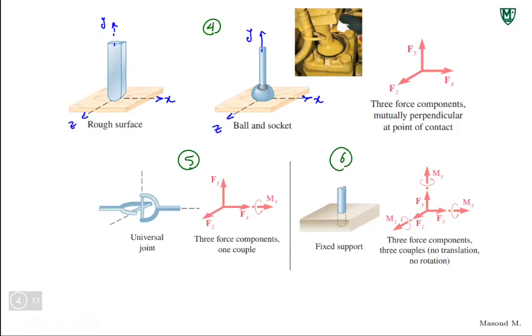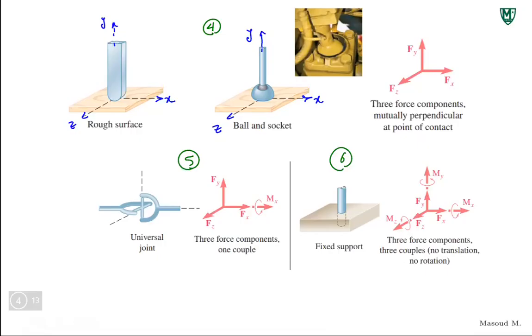It's fixed here. So when you remove this fixed support in 3-dimensional space, when you look at the structure, you have to take into account all the possible forces or all the possible motions that this part of the structure is prevented from having. It's a very convoluted sentence.